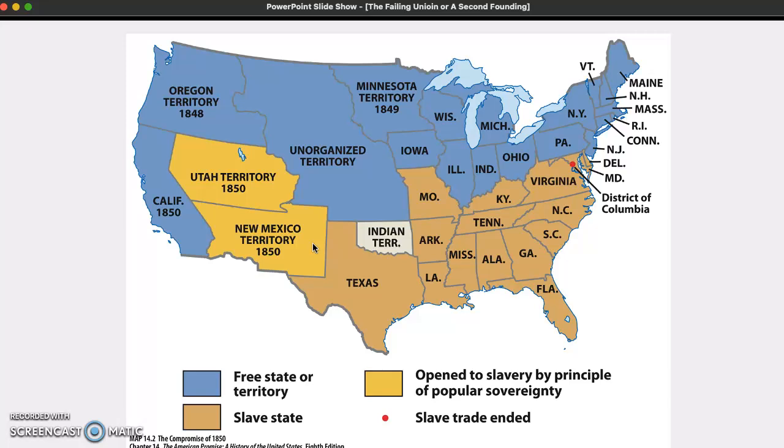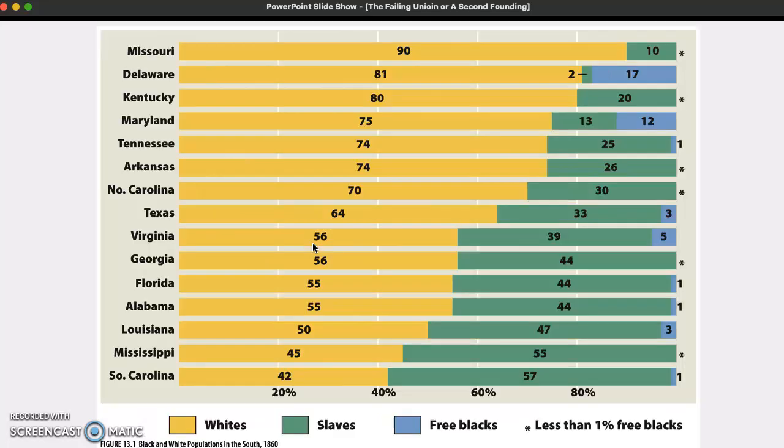So one of the things that happens is that this idea of popular sovereignty allows for people and for those with particular interests in whether these territories became slave or free to finance people moving to those territories so that they would ultimately be able to vote them in as either a slave state or a free state. So this issue of popular sovereignty, while attractive, is going to create significant problems for the Union.